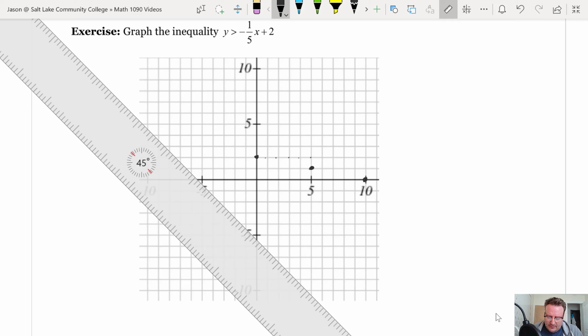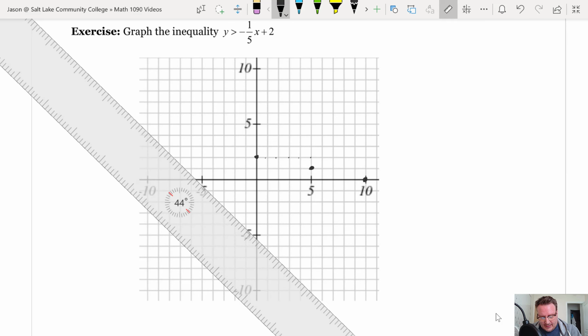Does the point 10, 0 satisfy the inequality? Well, when I put 10 in for x, I get negative 1/5 times 10. That's negative 2. Negative 2 plus 2, yep, that's 0. Actually, it doesn't satisfy the inequality because we have a strict inequality here, don't we?